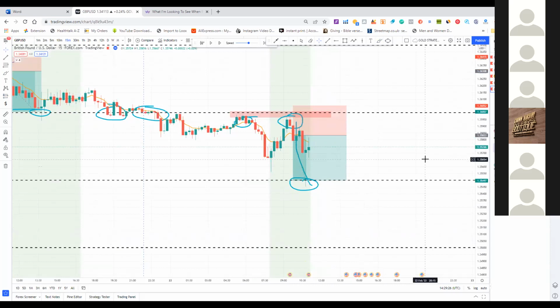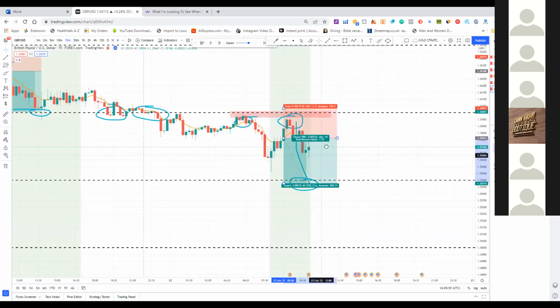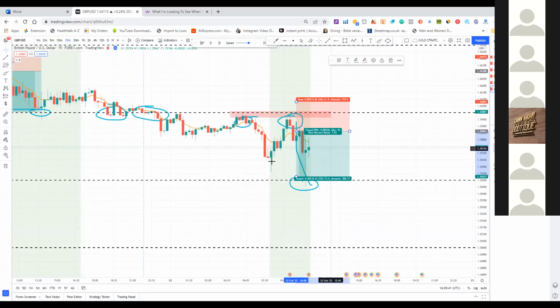This is more like a scalp. You got 30 pips. Imagine you were on this trade: you got another 30 pips from here, and another 30 pips from here again.